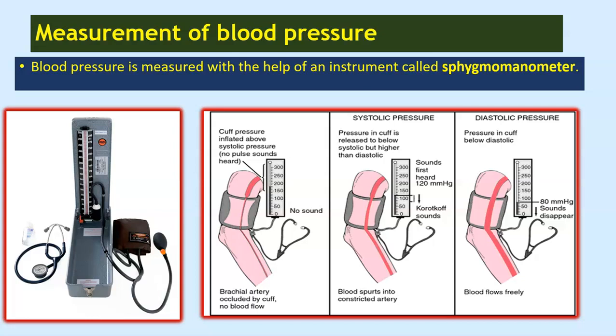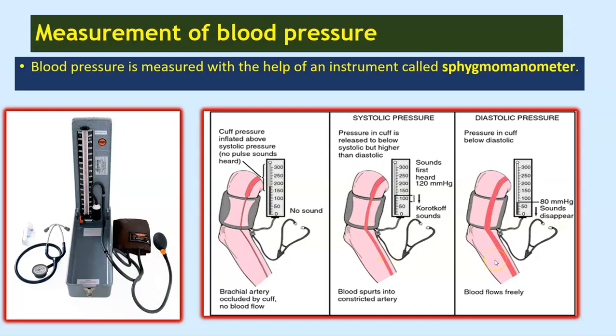Sounds heard during the measurement of blood pressure are called Korotkoff sounds. So here you can see this being carried out, and the pressure in the cuff is further lowered till no pulsatile sound can be heard due to smooth blood flow. At this moment, the pressure indicated in the manometer is the diastolic pressure.